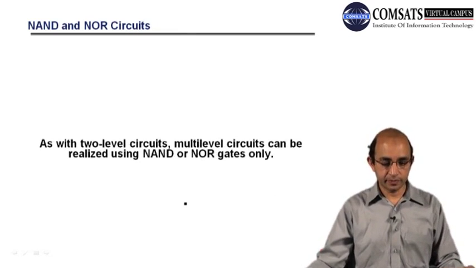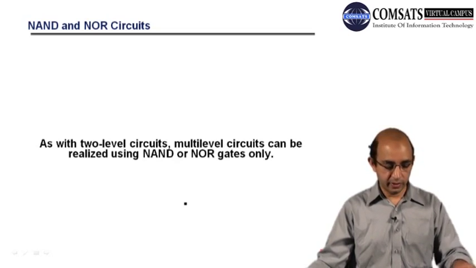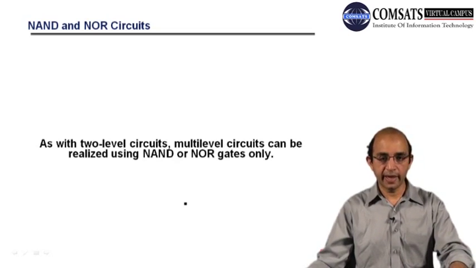Now we come to the NAND NOR design implementation. As we know, NAND and NOR are considered the universal gates. So whenever we have to design a circuit, we normally try to use all NAND or all NOR gates.